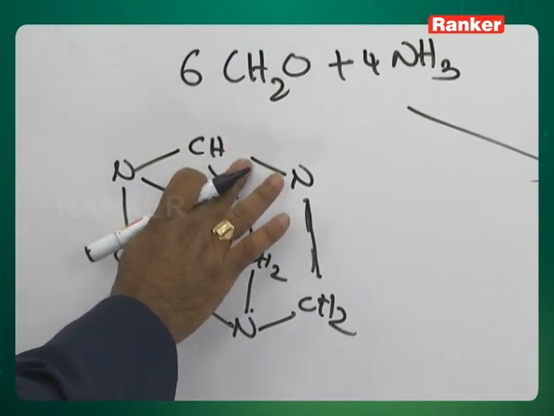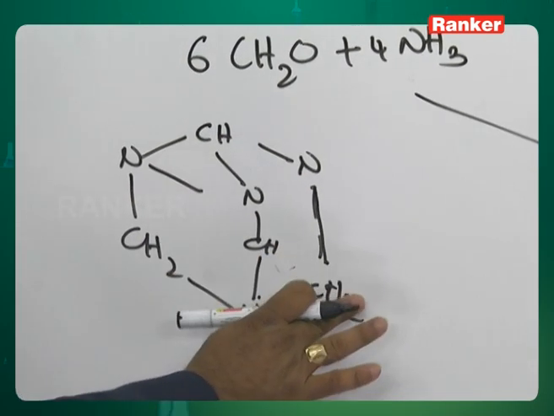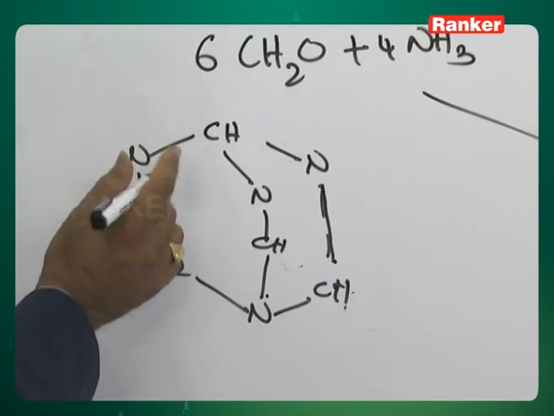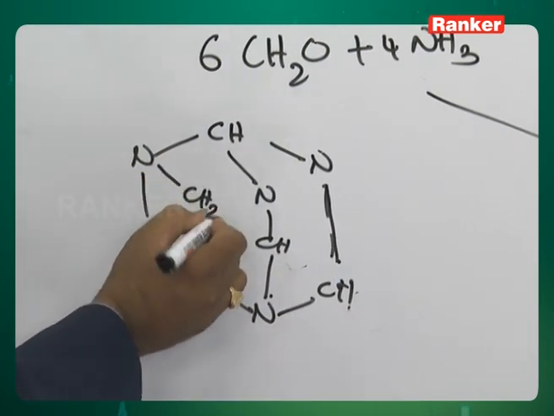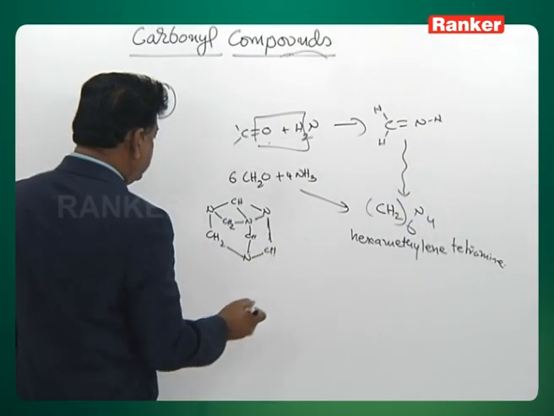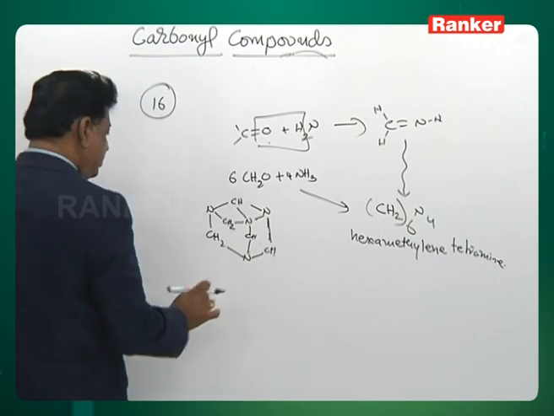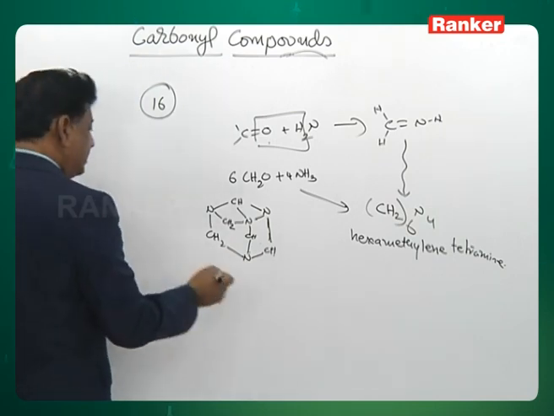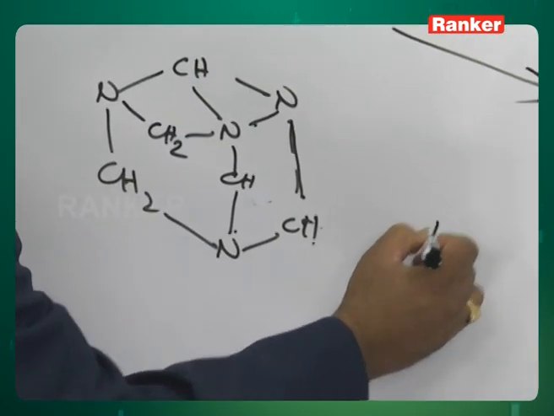Hexamethylene, CH2N will be there. Hexamethylene tetramine, you have actually a 3-dimensional structure that may be written like this.